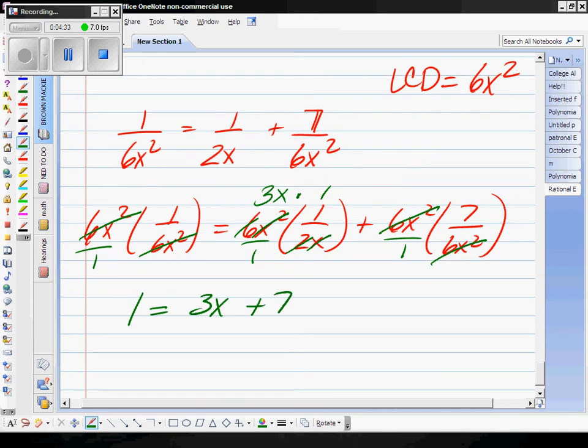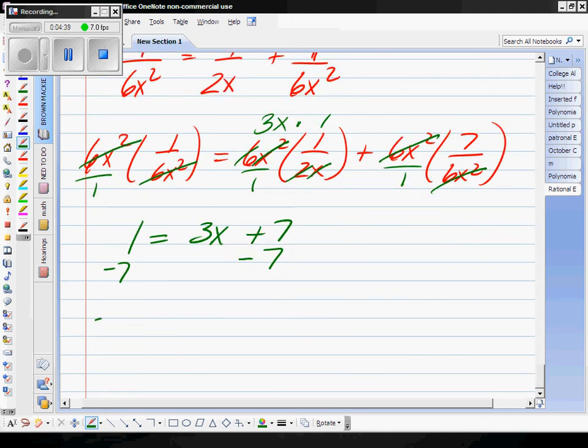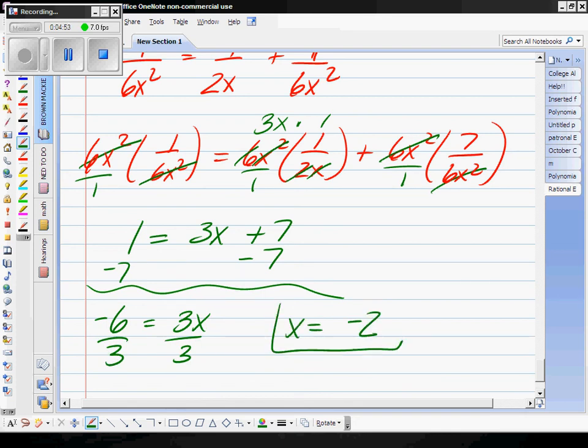So now we go one extra step and see what else we can do. So subtract the 7 from both sides, and that leaves you with -6 equals to 3x. Then we divide by 3 on both sides, and x leaves us with -2.